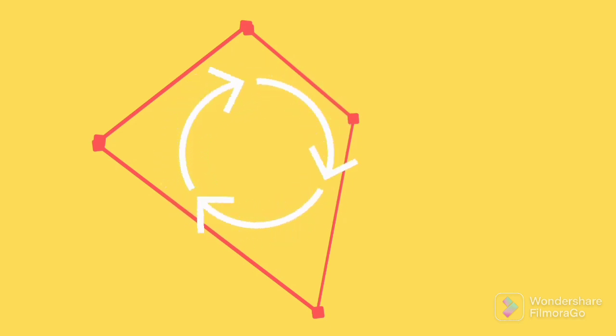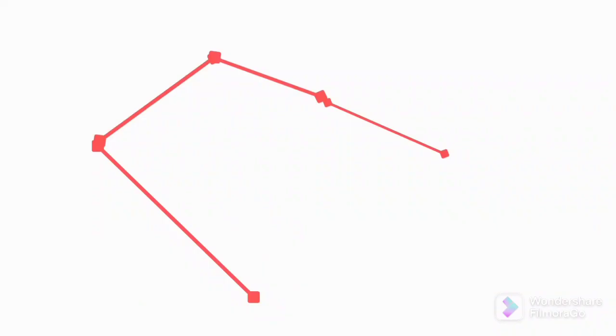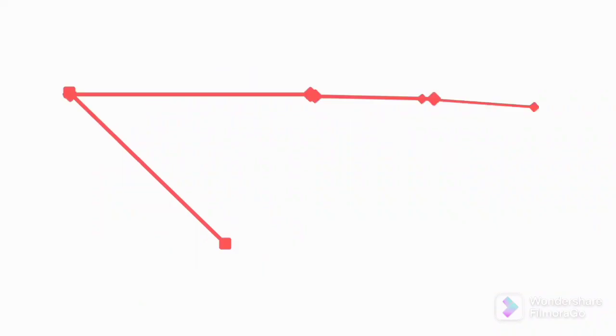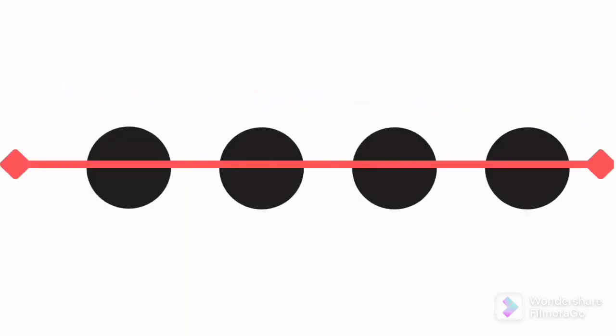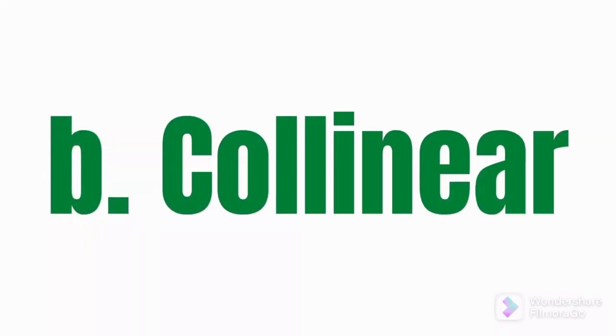If the area of the quadrilateral has to be 0, then the line segments come in the same direction. That is, the 4 vertices of the quadrilateral become collinear, that is, they lie on the same line. Hence, if the area of the quadrilateral is 0, then the vertices become collinear. So, B, collinear, is the correct answer.